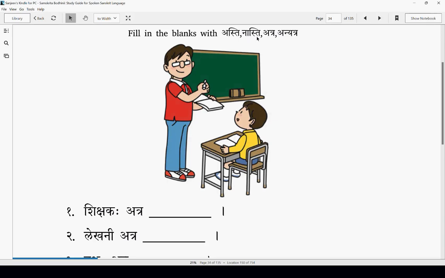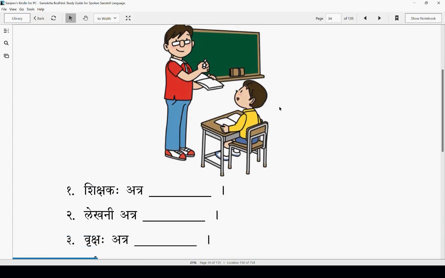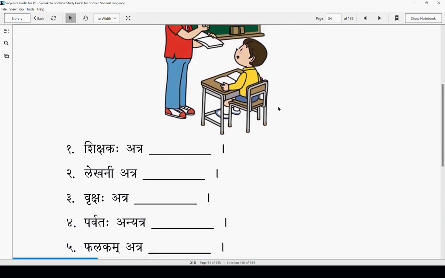You have to select between these words: asti, nasti, atra, anyatra. Asti. Vriksha atra asti kim? Atra nasti. Vriksha atra nasti. Parvatah anyatra asti kim?